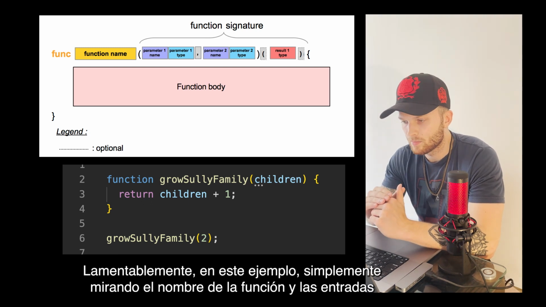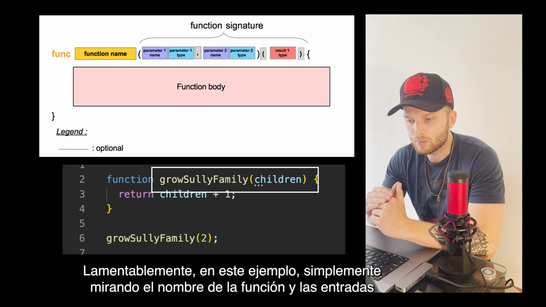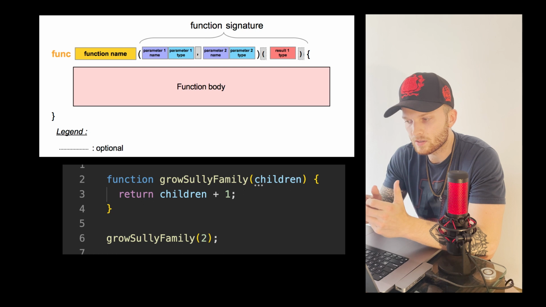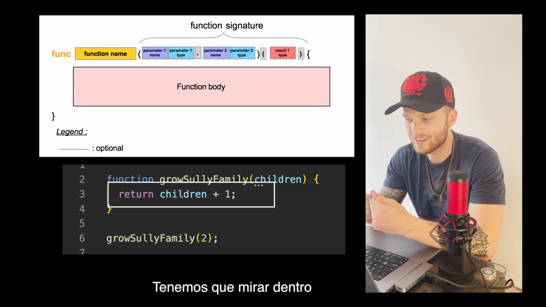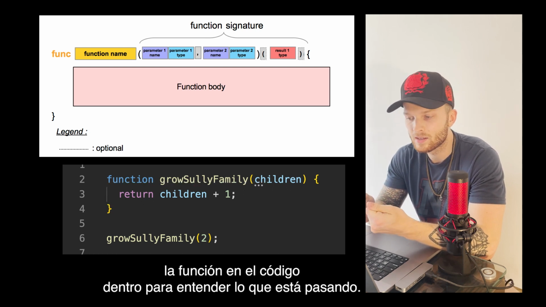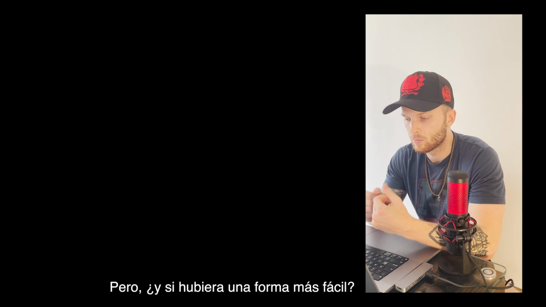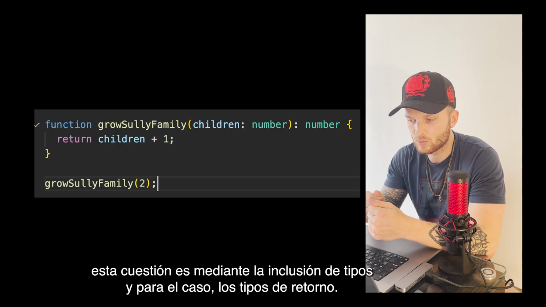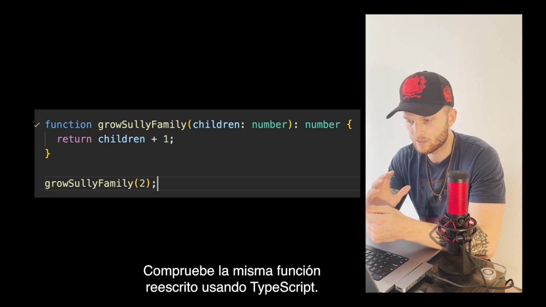Unfortunately, in this example, simply looking at the function name and inputs doesn't give us a lot of rich information about what this function does. We have to actually look inside the function at the code within to understand what's going on. But what if there was an easier way? One of the ways that TypeScript resolves this issue is by including types, and for that matter, return types. Check out this same function rewritten using TypeScript.